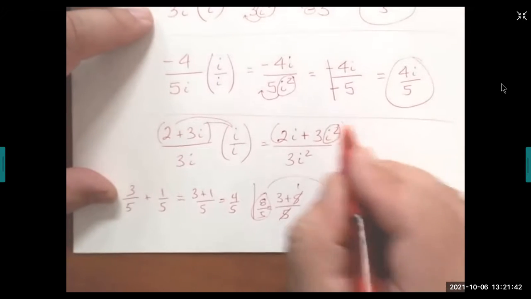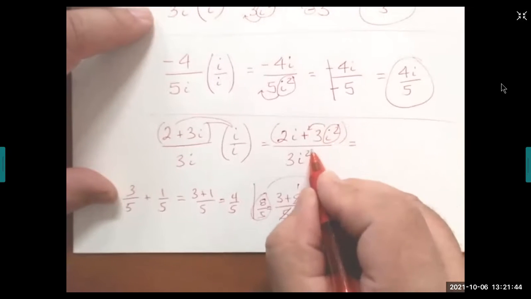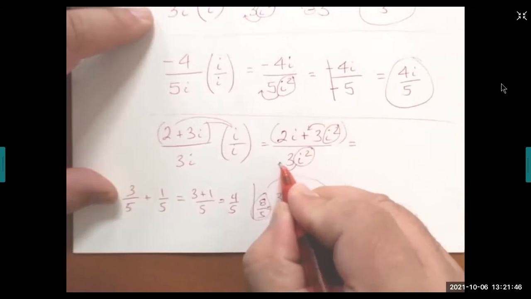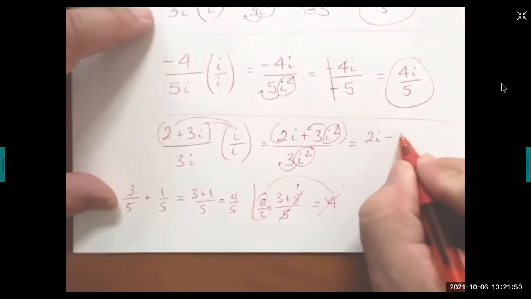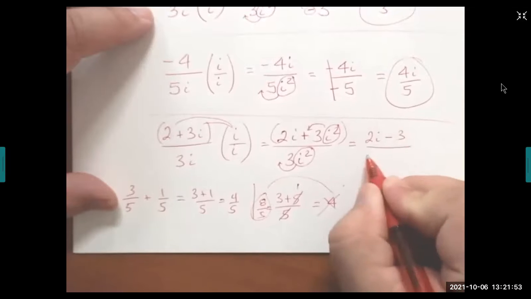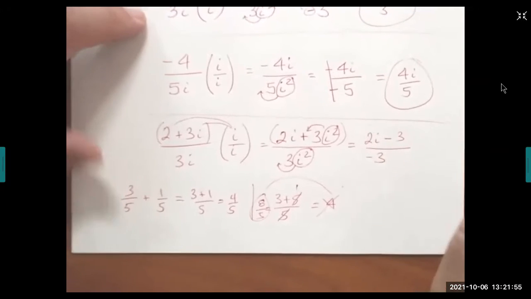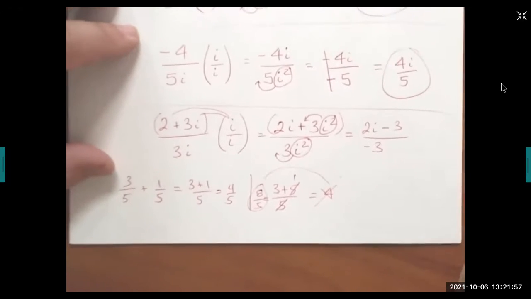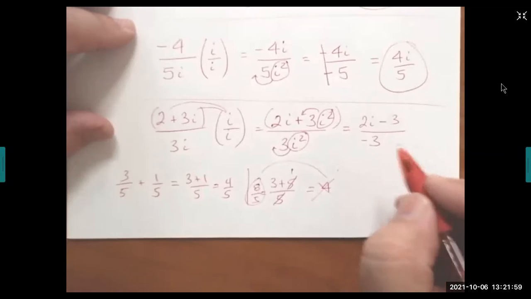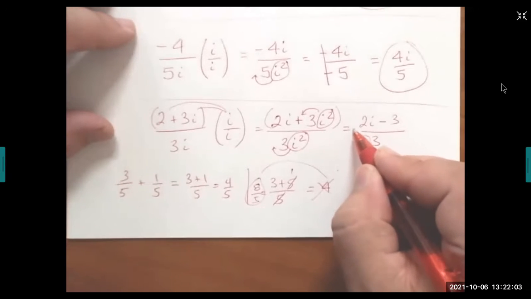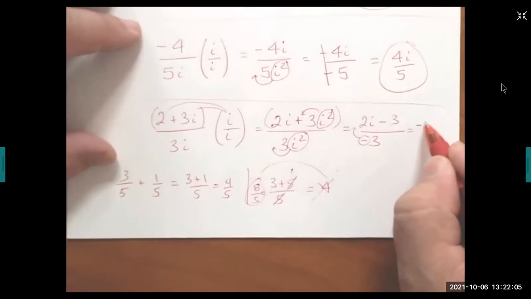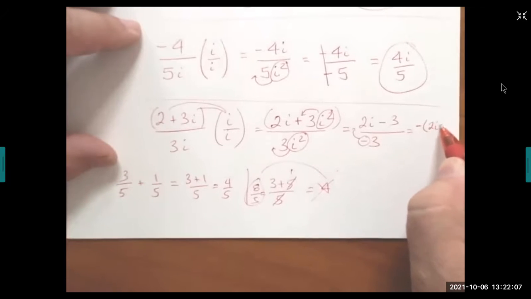So this i squared changes that coefficient. It's minus 3, minus 3. This negative sign goes up on top. 2i minus 3.